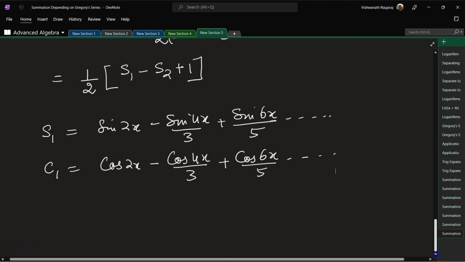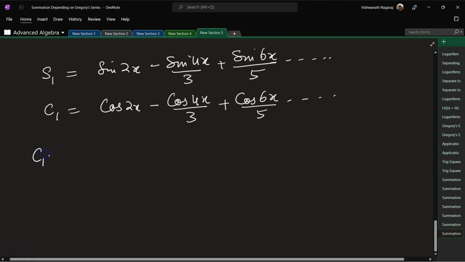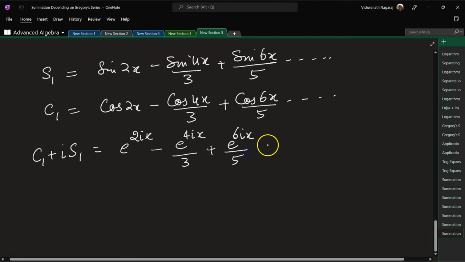So C1 plus iS1 would be cos 2x plus i sin 2x. So that would be e to the power of 2ix minus e to the power of 4ix by 3 plus e to the power of 6ix by 5 and on and on.